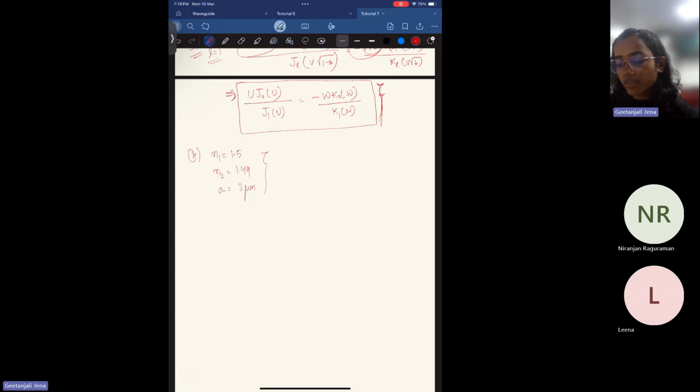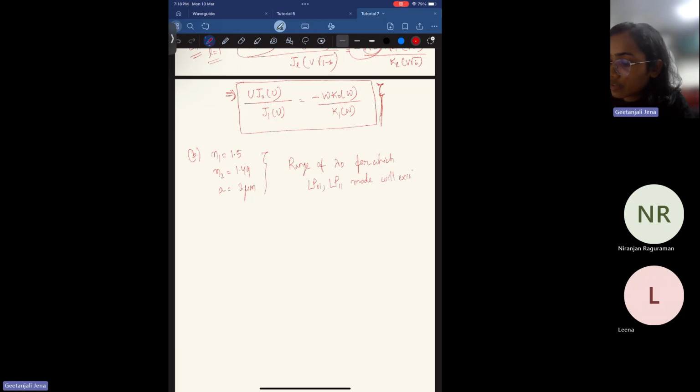Now you need to find the range of lambda 0 for which LP01 and LP11 modes will exist.